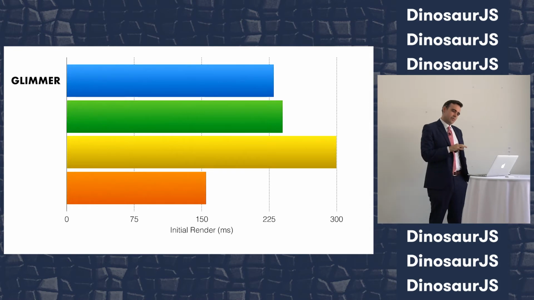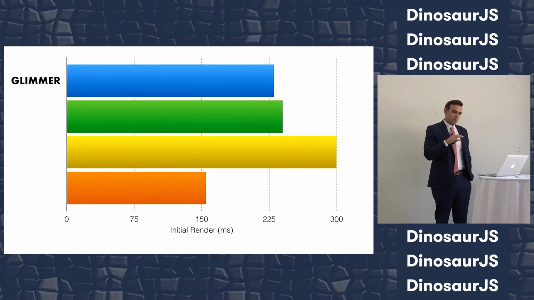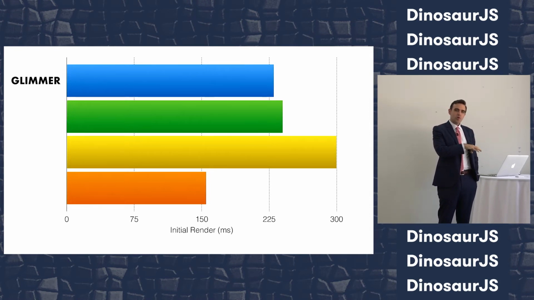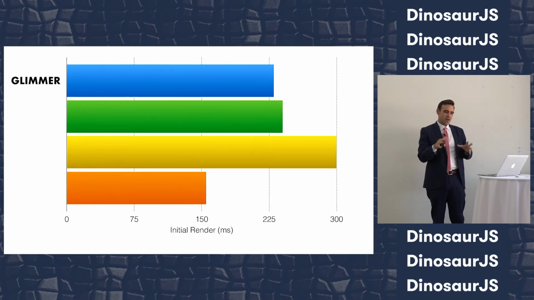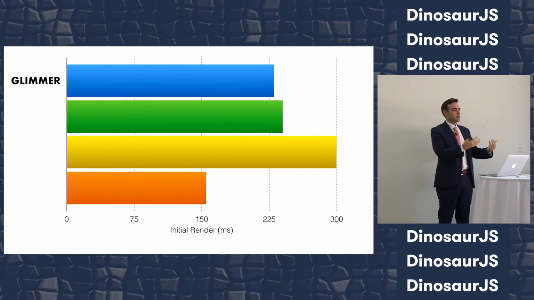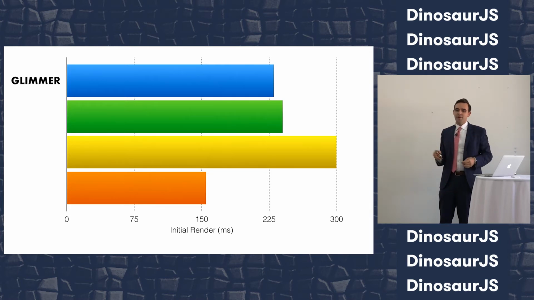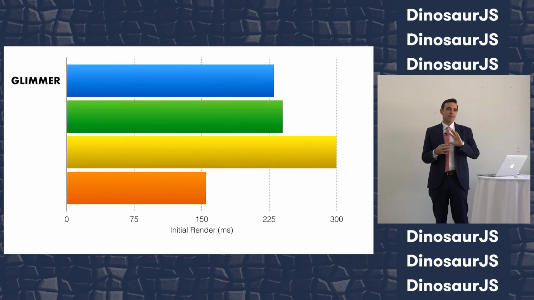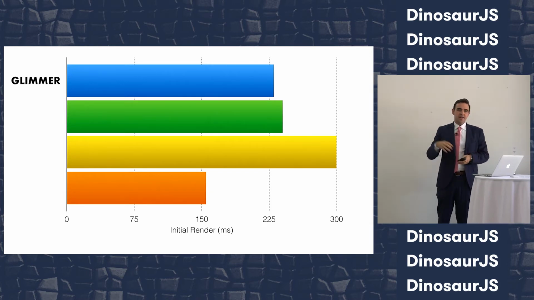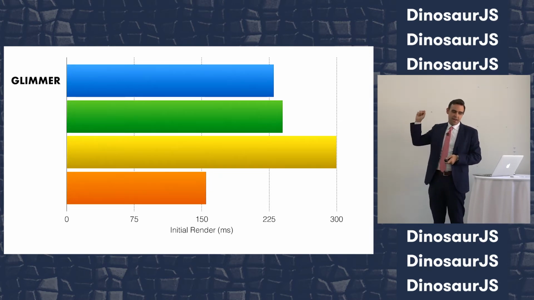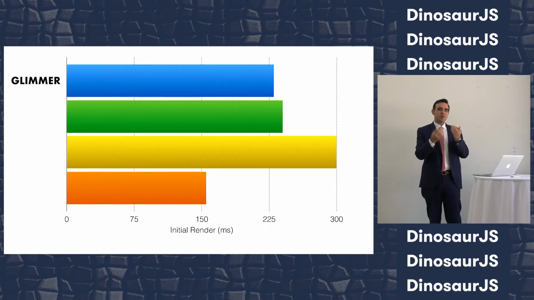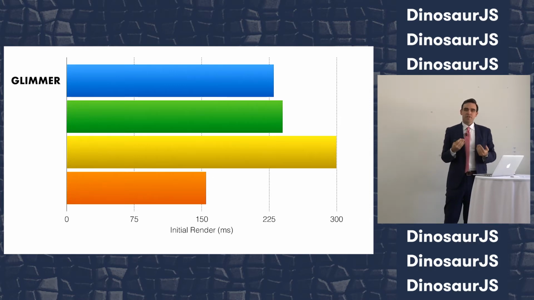And we noticed that when we were measuring the performance of this, basically all benchmarks only test pure dynamic content. But that's not actually representative of most apps in the real world, where you have plenty of divs and other semantic markup. So when we created a benchmark that had a mix of both, initial rendering for templates running on Glimmer VM was basically neck and neck with virtual DOM-based libraries.